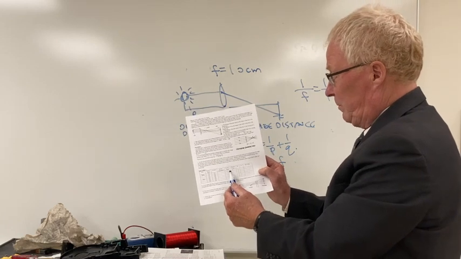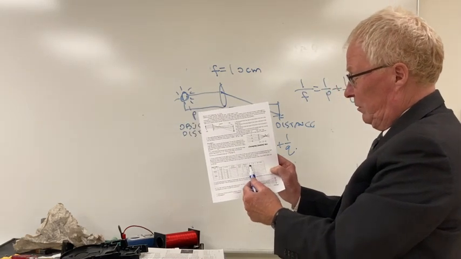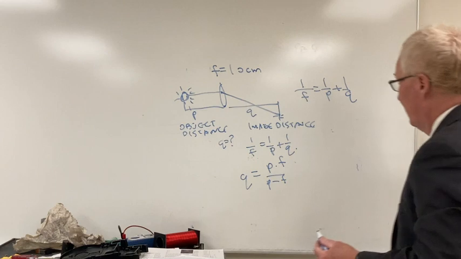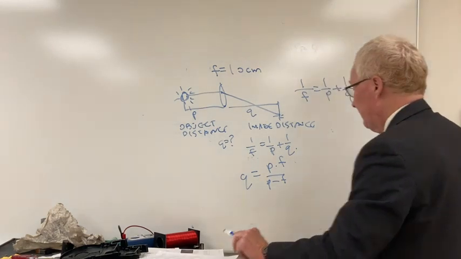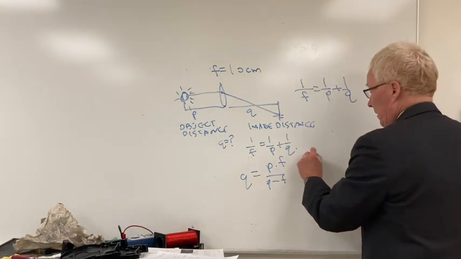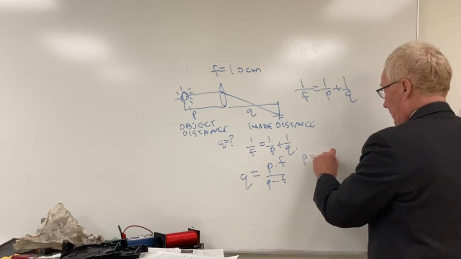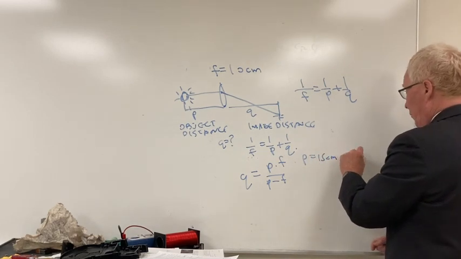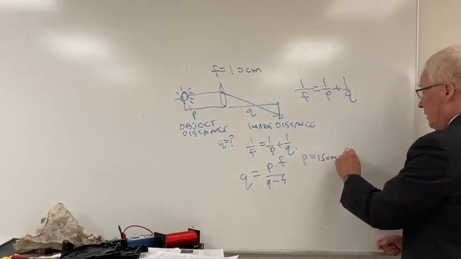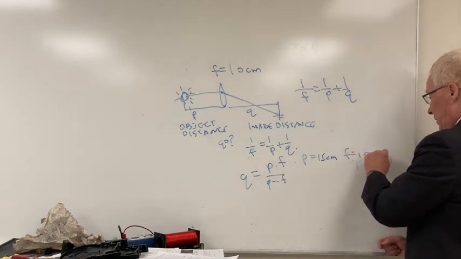I will do the experiment, and then you can get the percent error. So the first one will be P is 15 centimeters, F is 10 centimeters.